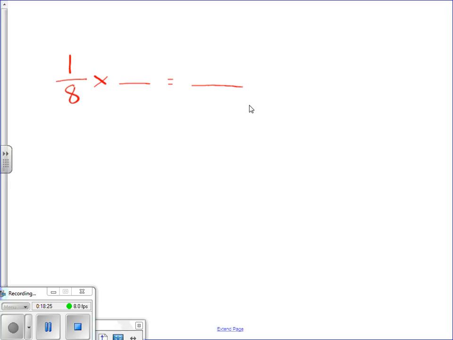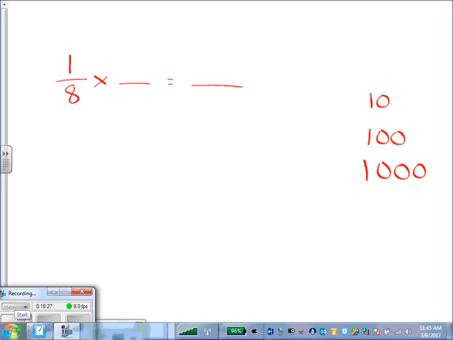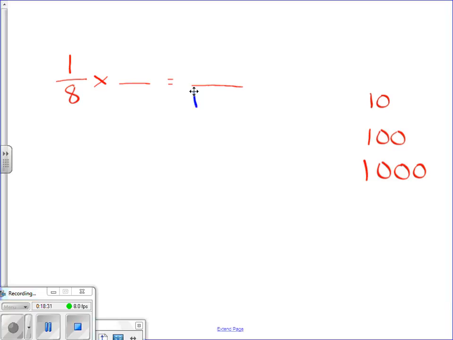1/8. What is your power of 10 denominator? 1,000. Now, I watched Ladina solving it, and she solved it the exact same way that I would have done it. So, kudos to you, girl.